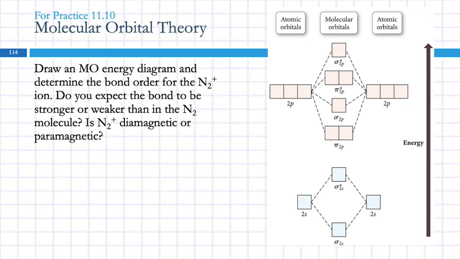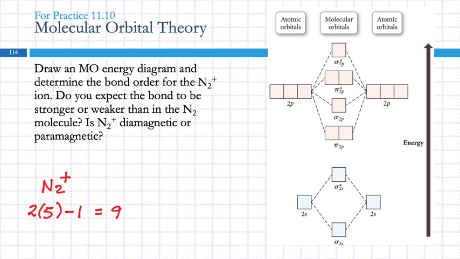Well, N2 plus, how many valence electrons does that ion have? Well, each nitrogen has 5, right? And there's 2 of those. And to have a positive charge, we lose an electron. So 9 electrons, right?